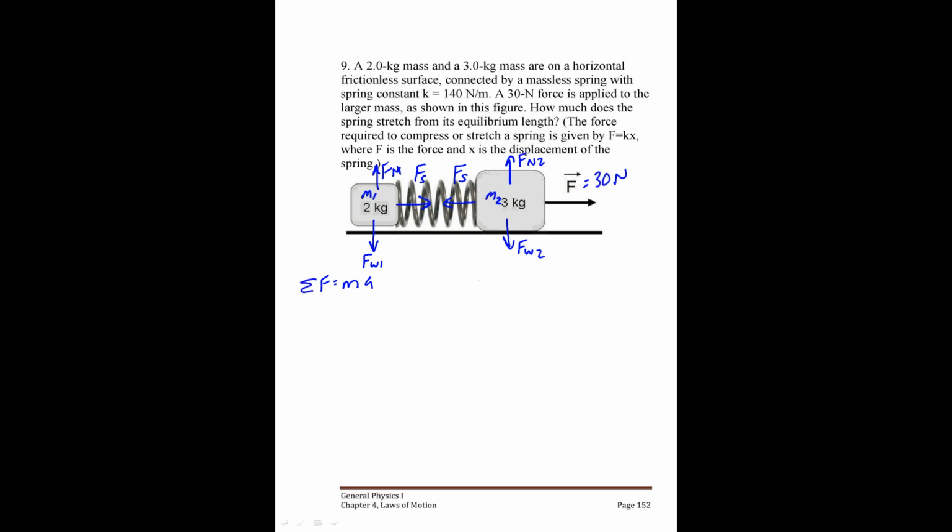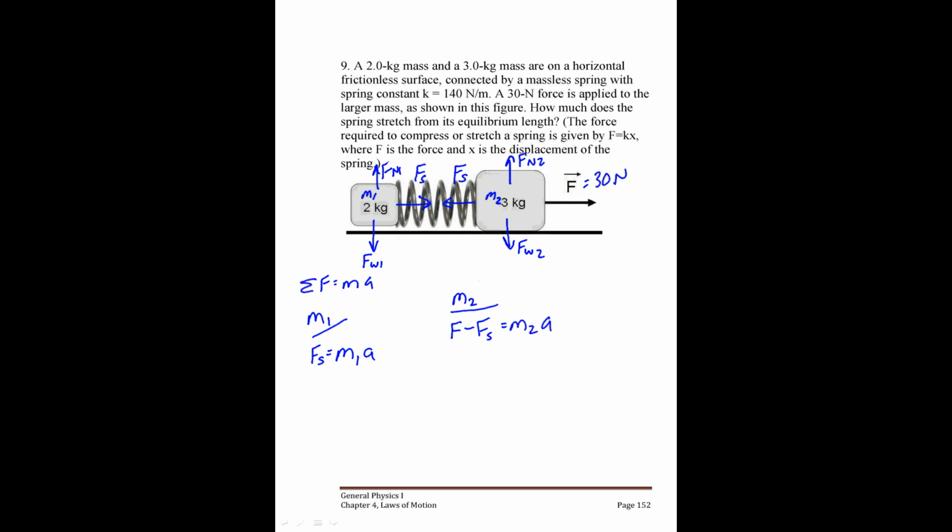Let's do it for m1. We only have one force on the left block, and that is Fs, and that's going to equal m1 times a. For m2, we have F minus Fs equals m2a.